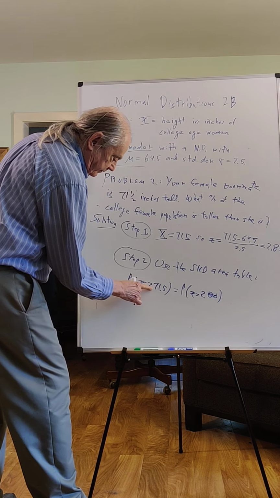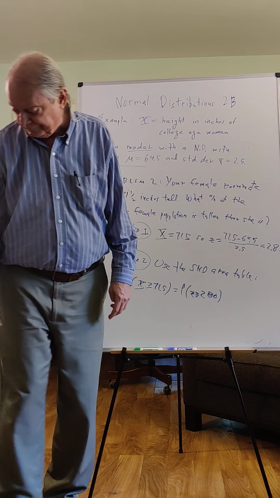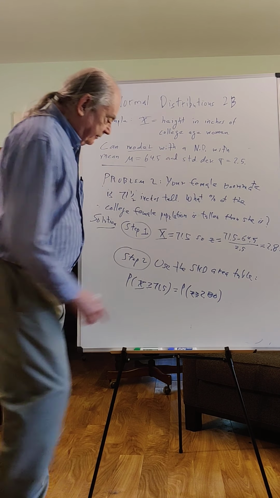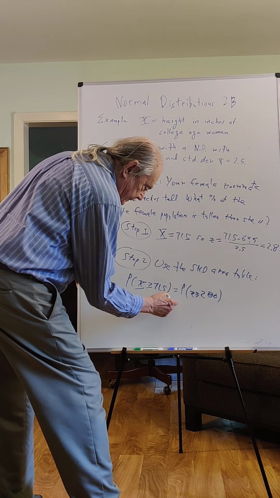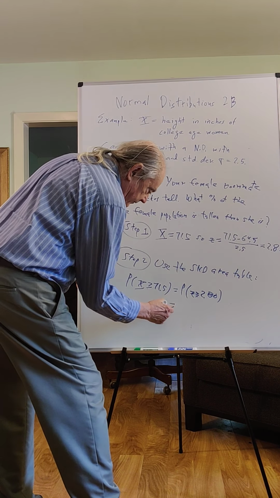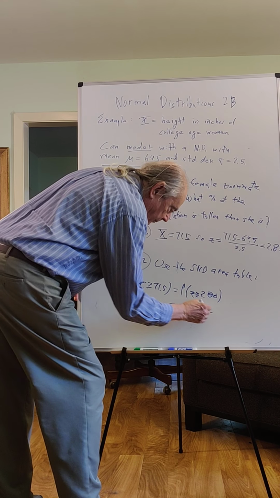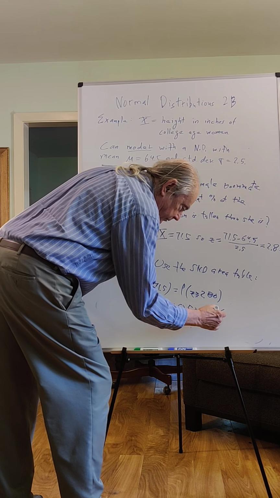Doesn't matter whether you say greater or greater than or equal to, the answers are the same. That may seem surprising, but it's true mathematically. Okay, so we have a tail here, right? So now you have to go back to the normal distributions 1 video. So we subtract from a half the probability that z is between 0 and 2.8.